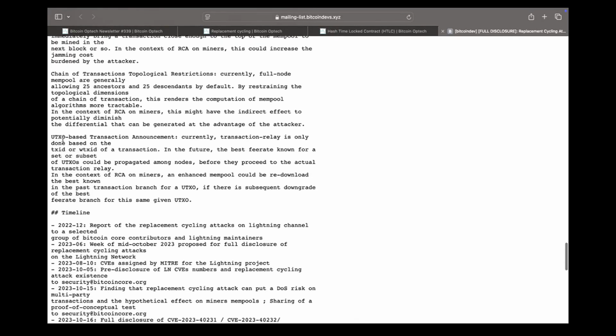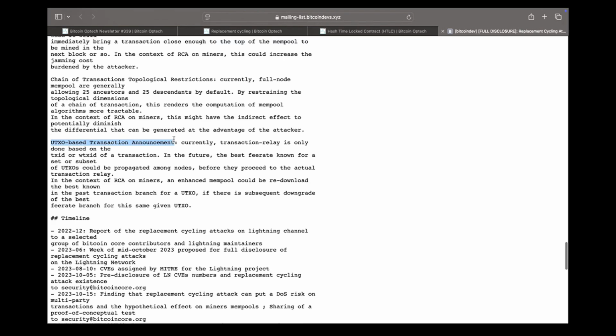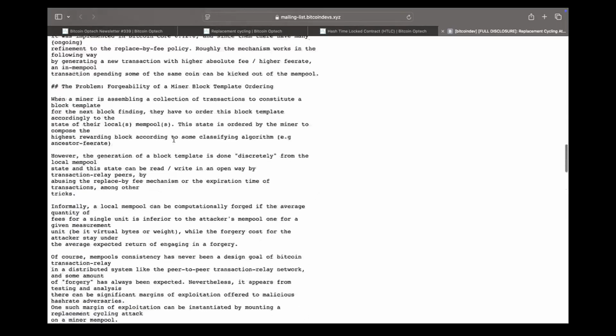And there are other mechanisms as well that have been proposed, chain of transaction topological restrictions or UTXO based transaction announcements, right? Due to time constraints, we won't be able to go into it. So those of you who are interested in learning what mitigations the developers have proposed can read through this mailing list at your own comfort and time and convenience, right?